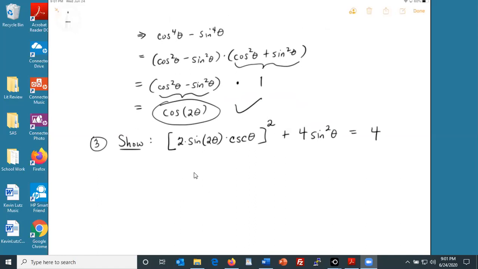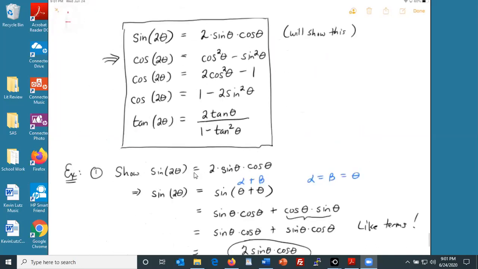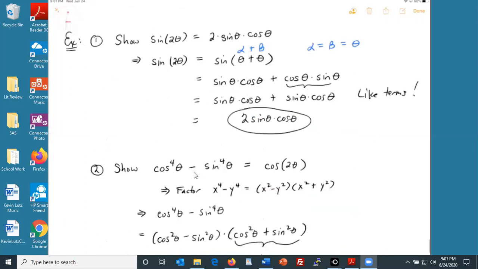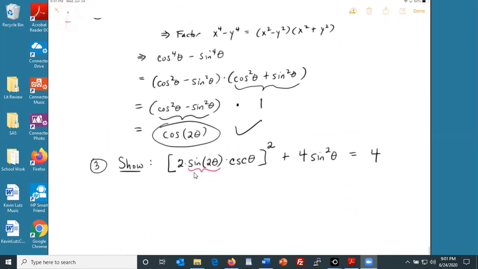So again, you work with the left side and simplify it as much as we can, just by using regular algebra, maybe making a formula substitution. For example, maybe first we could substitute in for the sine of 2 theta. The formula up here, sine of 2 theta is 2 sine cosine. So let's substitute that in first.